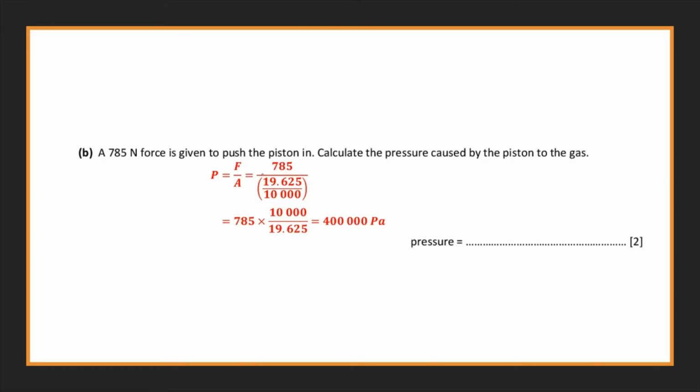In this problem, since the area is in centimeter squared, to change it into meter squared, divide the area by 10,000. The division makes the equation into this form. Yeah? Put the answer into the provided space. Pressure equals to 400,000 Pascal.